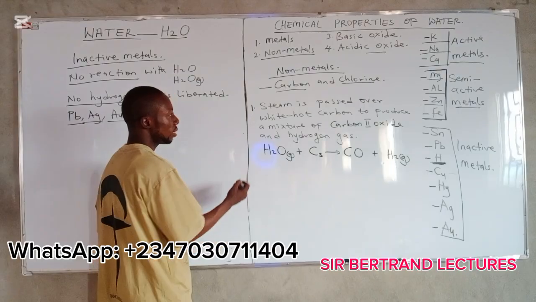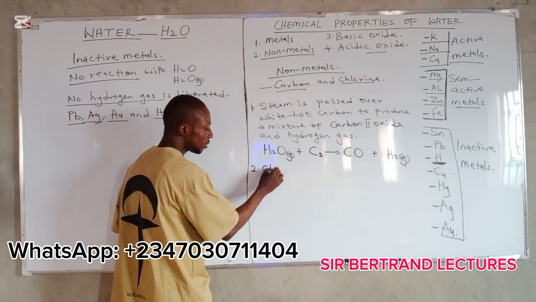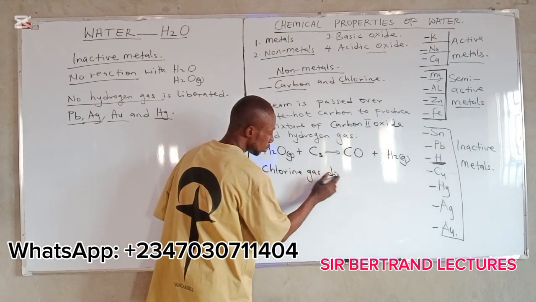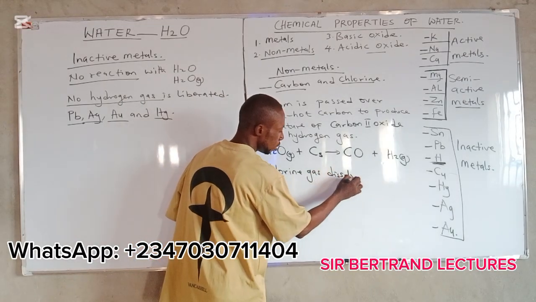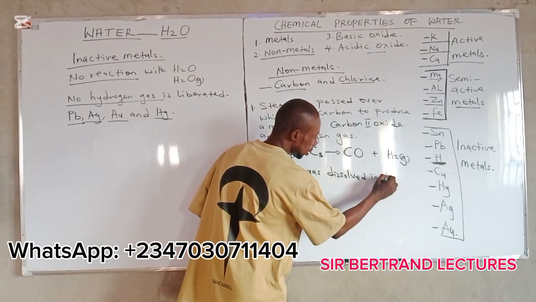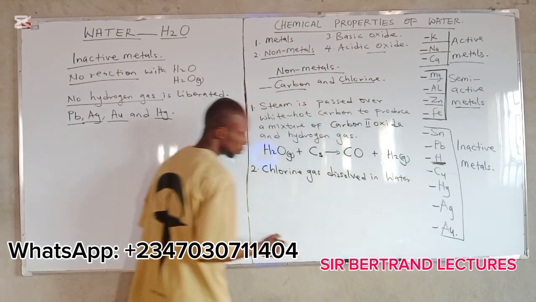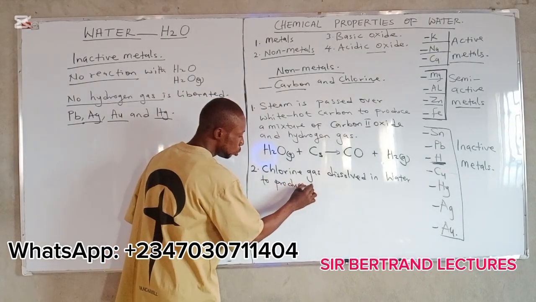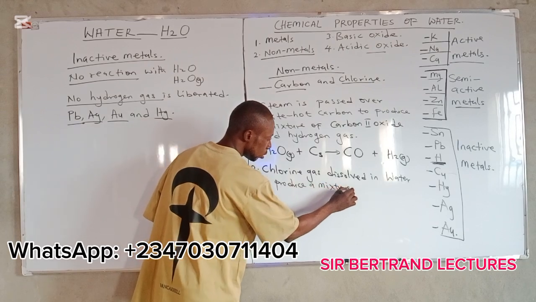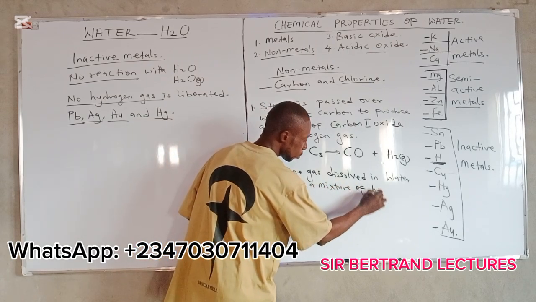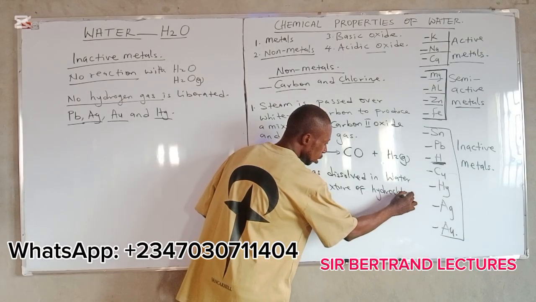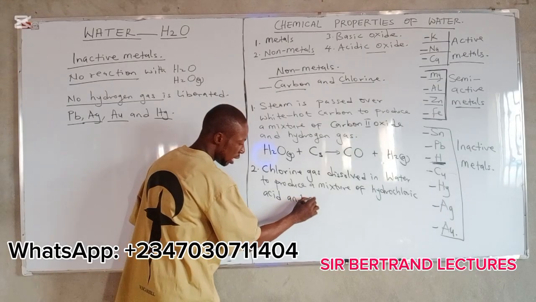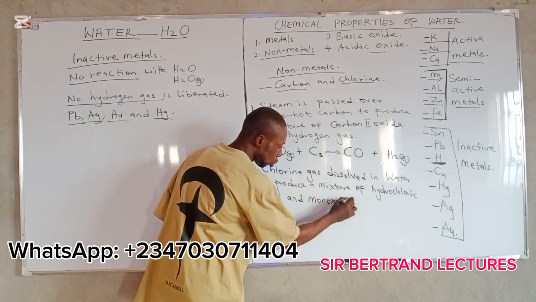Okay? Then secondly, chlorine gas dissolved in water to produce a mixture of hydrochloric acid and monoxochlorate.